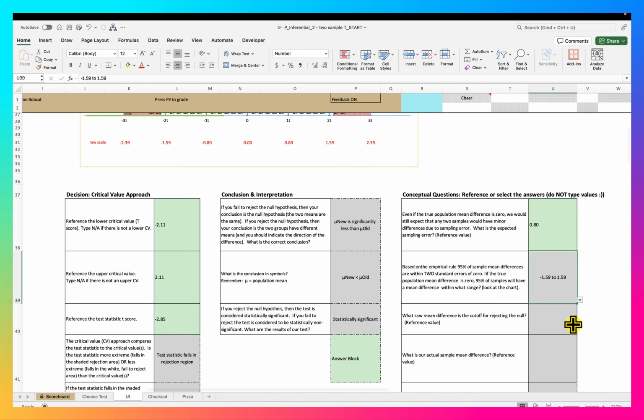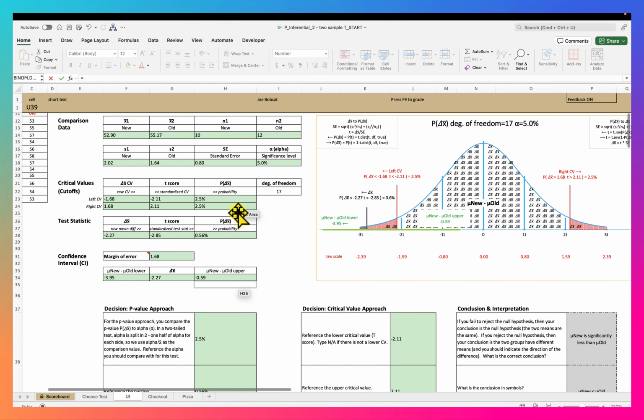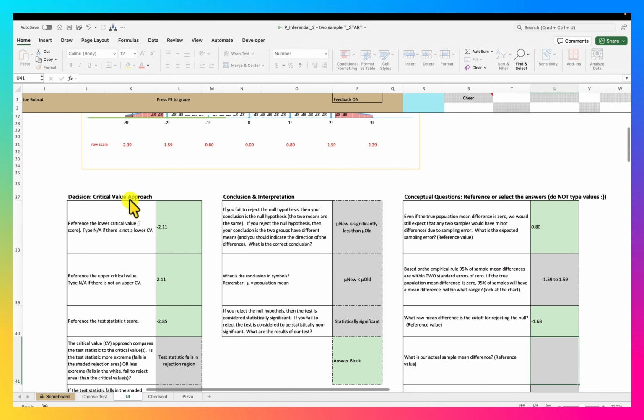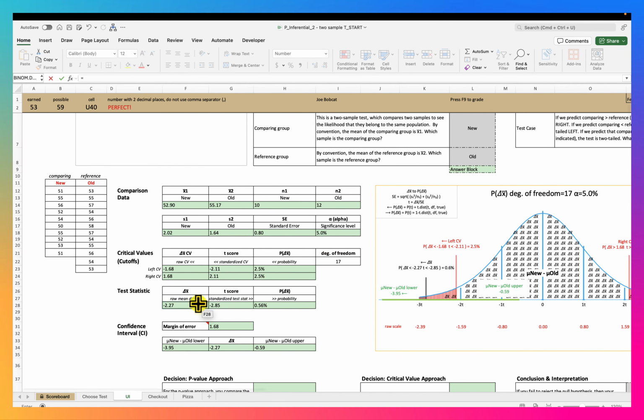And what raw difference is the cutoff for rejecting the null? And since we're rejecting on this side, it means it's going to be the lower one. And it's going to be that one since it's a raw value. And what's our actual sample mean difference? So that's delta x bar, which is this value here.